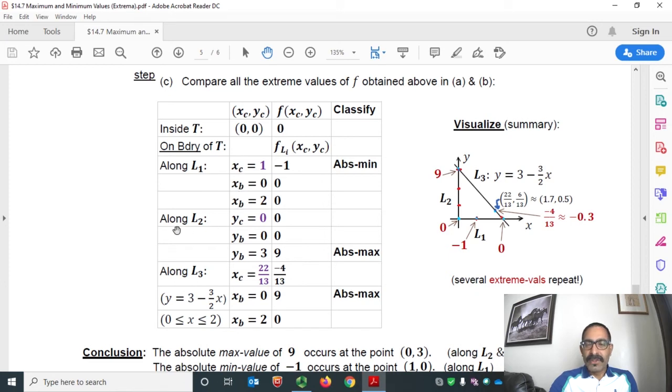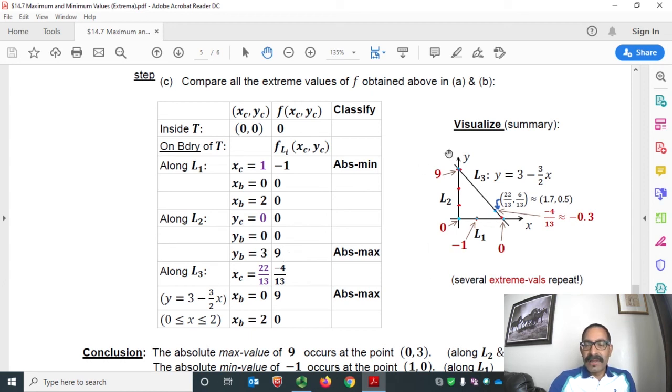And along L2, along this line here, we found the critical point. These are all y values here: y critical equals 0. Again we found the critical point is 0 on L2. The value was 0. And at the endpoints, again the left-hand and the right-hand, at 0 it is again 0, and at 3 it turns out to be 9.